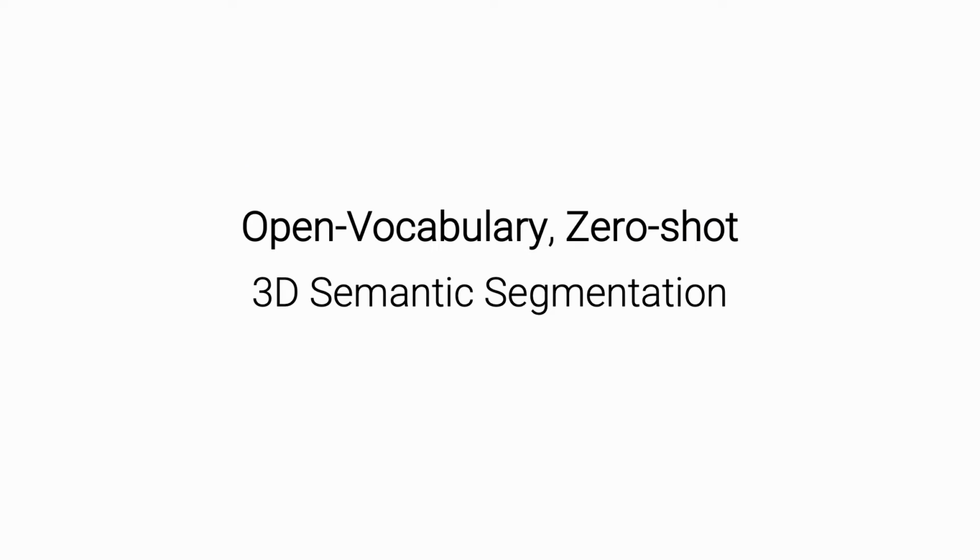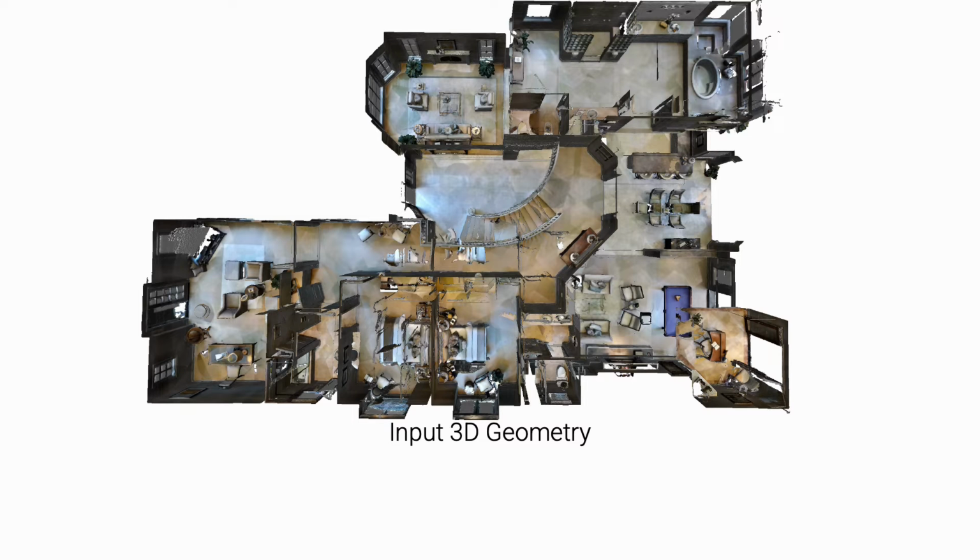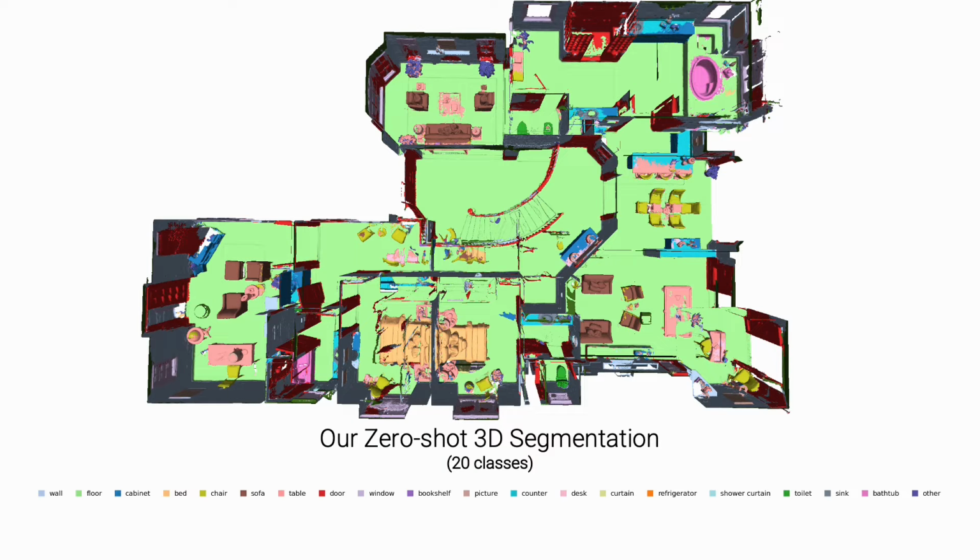For example, 3D semantic segmentation without any predefined categories or training data. So given a 3D mesh of a Matterport3D building, after our method produces features for every 3D point, they can be classified into semantic segments for any set of classes by finding the maximum cosine similarity to the CLIP embeddings of the class labels.